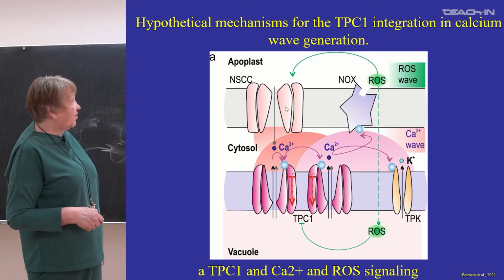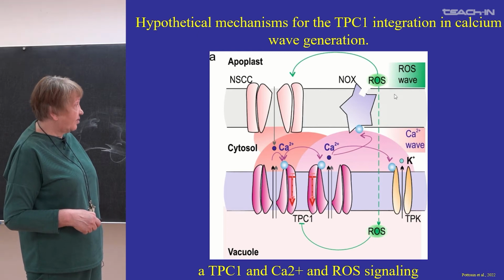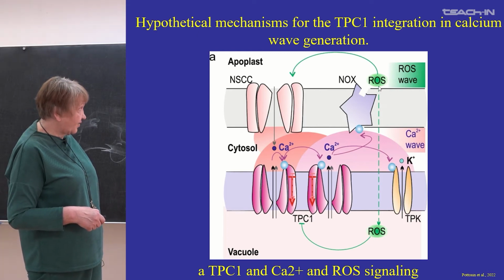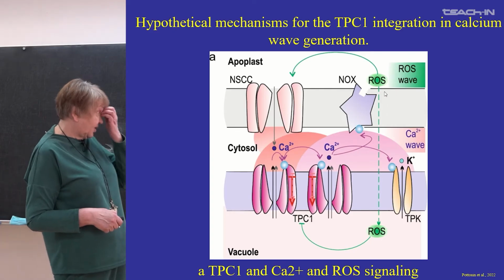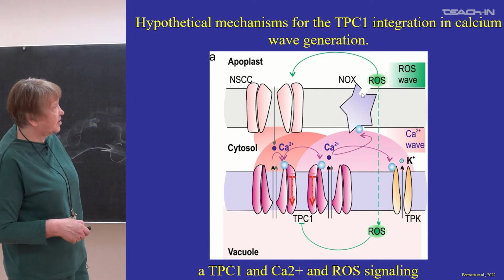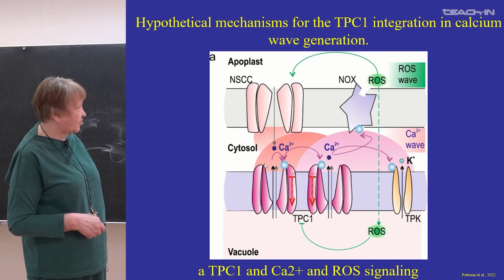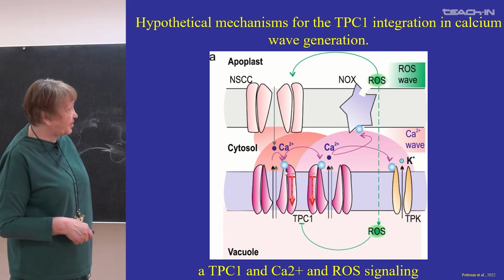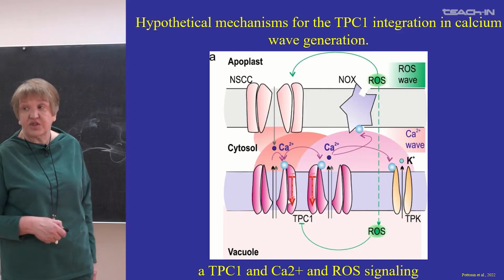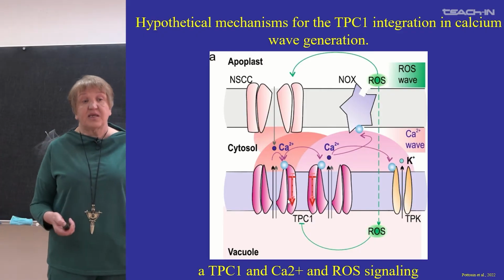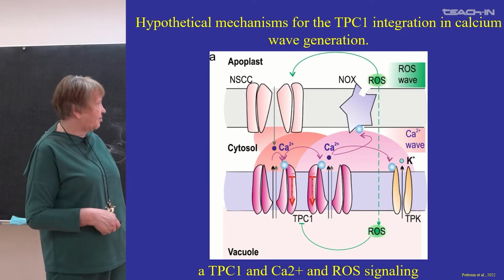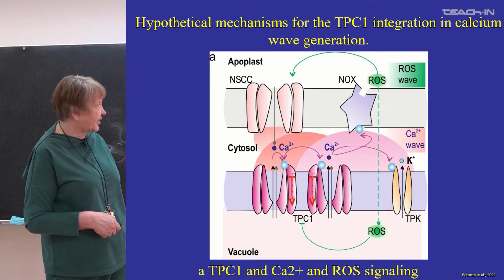So it all starts with activation of NADPH oxidase. ROS is produced, activating non-selective cation channels. Calcium gets in. Calcium binds to TPC1, which, you remember, is not activated unless calcium is bound to a domain on its cytoplasmic side.